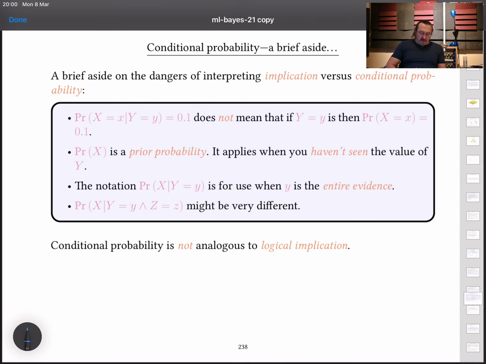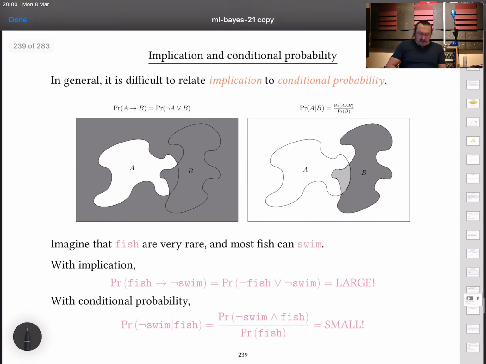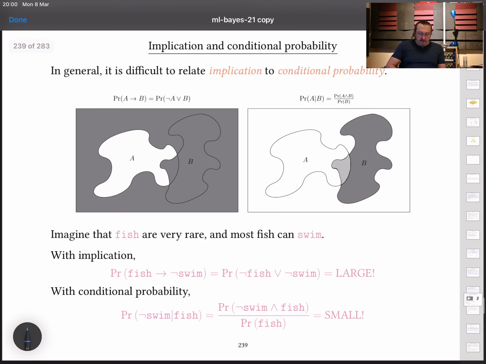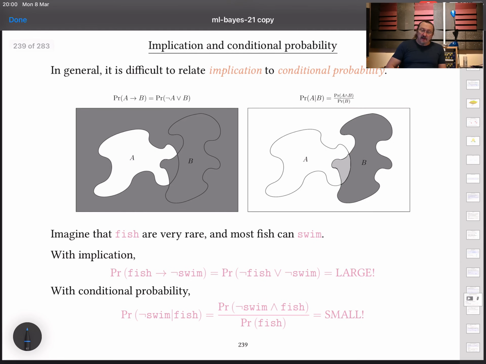Now, where its comparison with logical implication is concerned, the easiest way to visualize this is to look at these things in terms of Venn diagrams. On the left, we know that the probability of A implies B could be interpreted as the probability of not A or B. A and B are marked here as sets representing events in precisely the same way as you might represent them in a first course on probability.